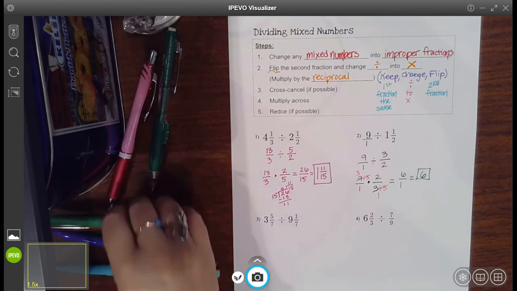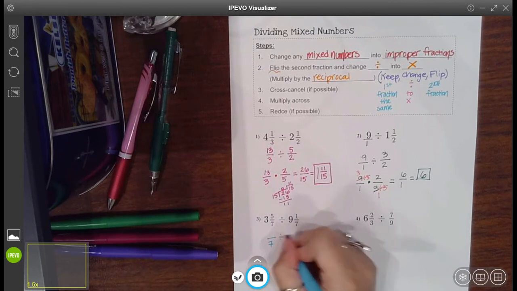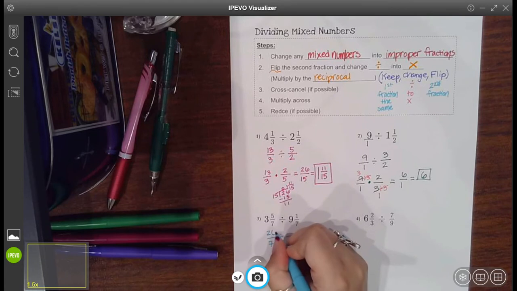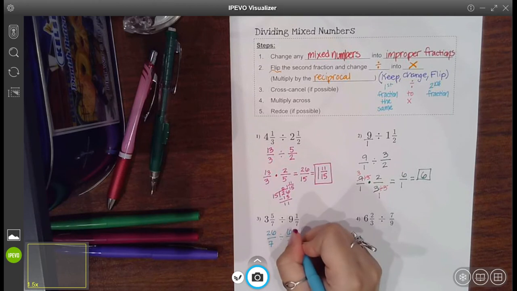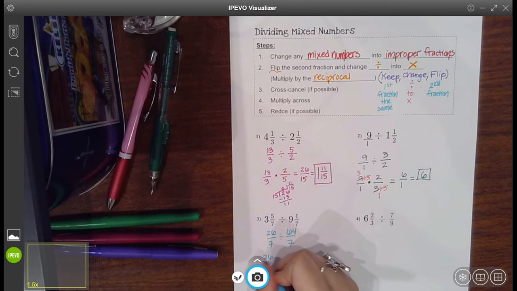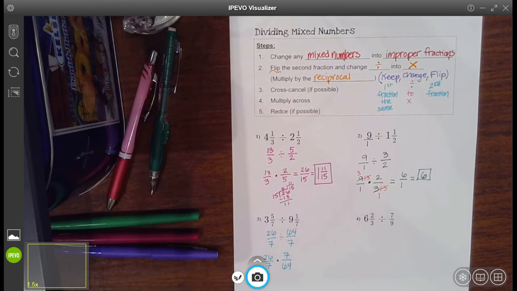Okay, for my next one, they're both mixed numbers. So let's change them both to impropers. Keep that denominator the same. 7 times 3 is 21. 21 plus 5 is 26. 7 times 9 is 63. Plus 1 is 64. Now that they're a single fraction divided by a single fraction, you keep the first one the same. Change division to multiplication and flip that second fraction. Do you see anything that can cross cancel? What about the 7s?